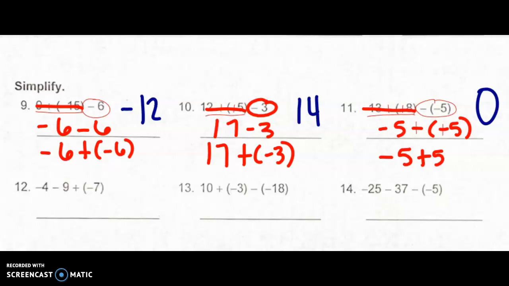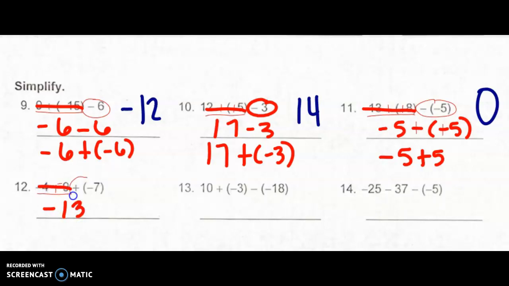Number 12. I have negative 4 minus 9 plus negative 7. I'm just going to look at the first two numbers. Negative 4 minus 9. I do keep change opposite. And now I have the same sign, so I'm going to add and keep the sign. 4 plus 9 is 13, and they're both negative.